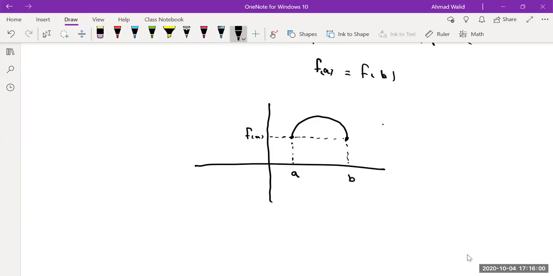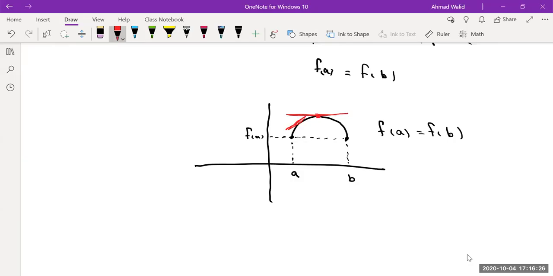As long as f of A is equal to f of B, then what Rolle's theorem says is that definitely there is a point on the graph where the derivative becomes zero. Here is that point, you see? Here is the point. A horizontal line.